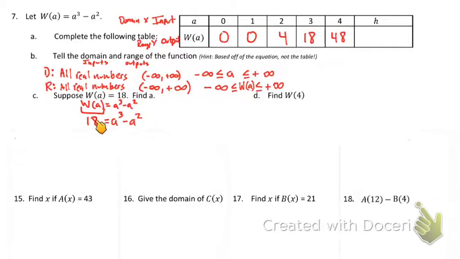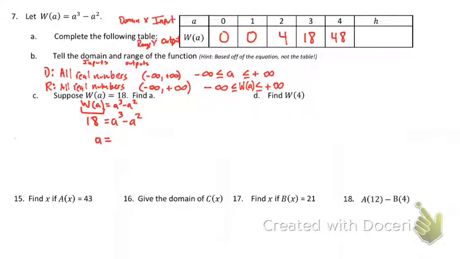If you think about it, we could solve this, or we could look at the table. When is W(A) equal to 18? W(A) is equal to 18 when A is equal to 3. So the table kind of solves this for us.